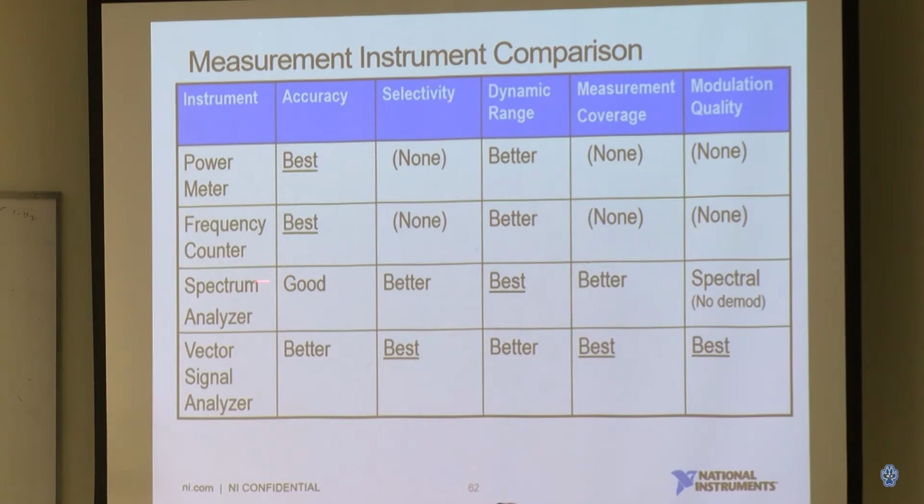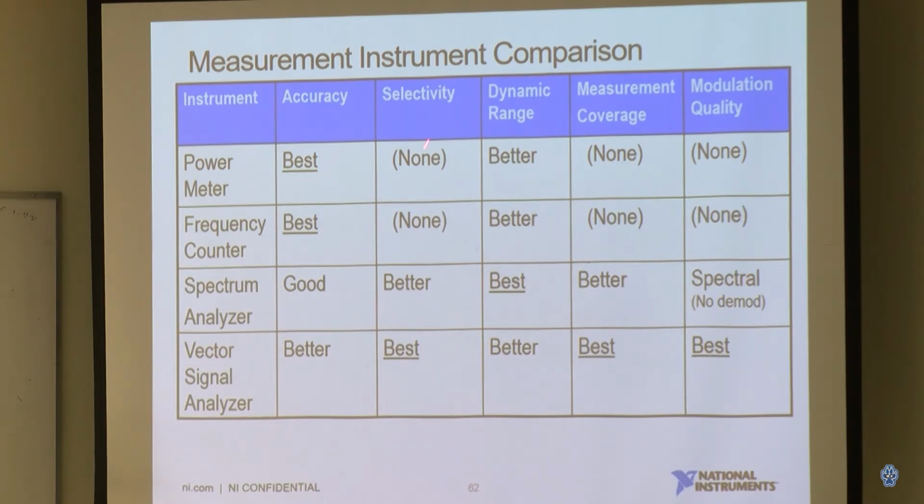And the spectrum analyzer is a little bit better than the power meter and frequency counter. They are good for amplitude accuracy, and they also offer measurement coverage. They can do TOI, SHI kind of measurements, but they cannot do modulation measurement. And the last one is the vector signal analyzer.